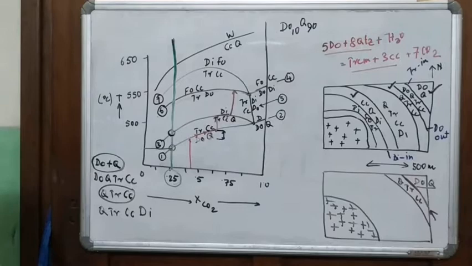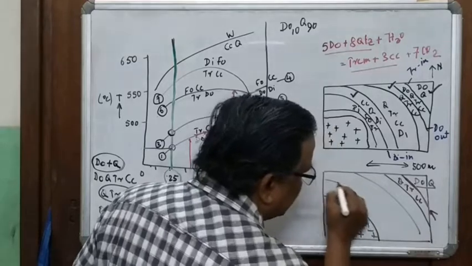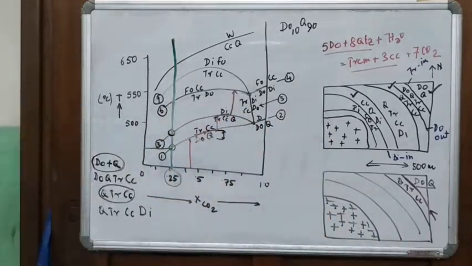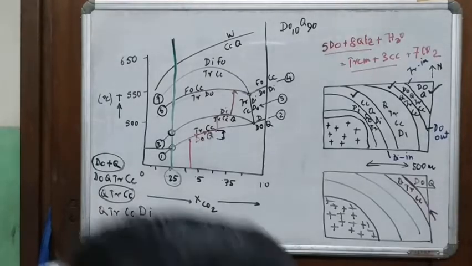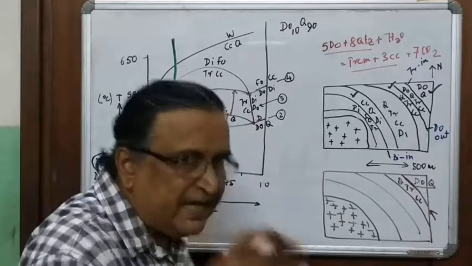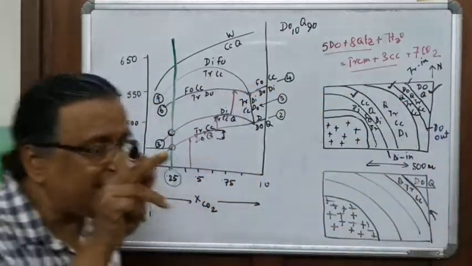So what will happen is, you will have in this diagram several contact isograds, and all of them will be dominated by low variance assemblages.